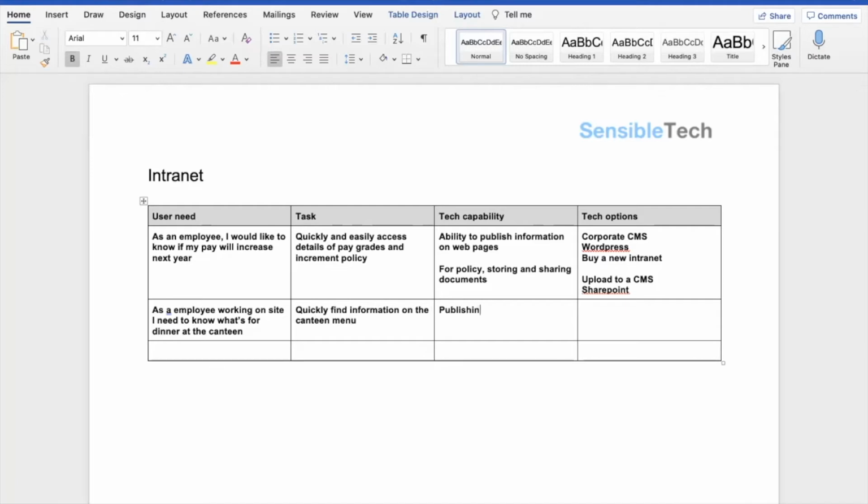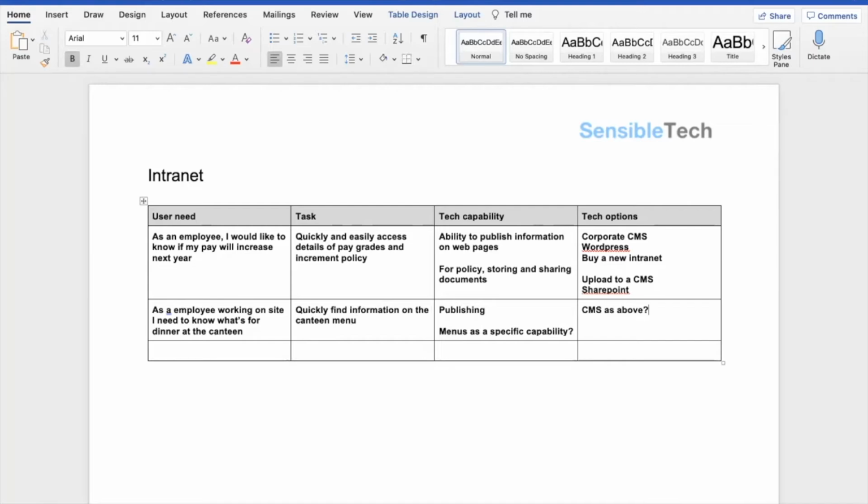And again, this probably looks like publishing, but it could also be that we make menus a specific capability. Maybe it is, maybe it isn't. That's one for discussion. Anyway, publishing, CMS as above, we could put there.